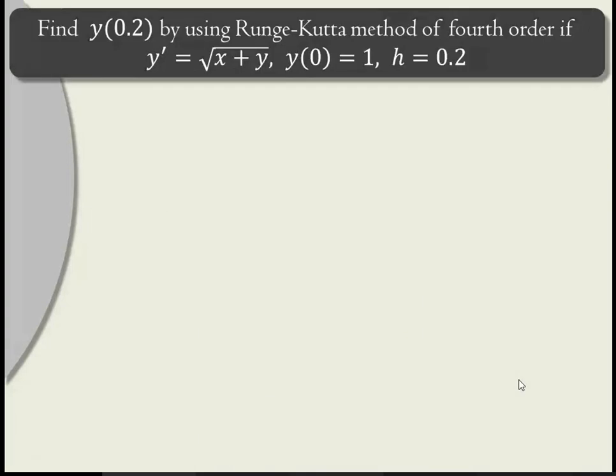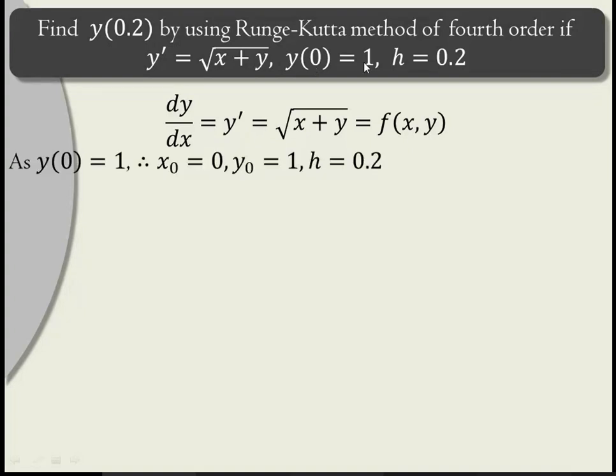Consider the next problem. Find y at point 2 by using Runge-Kutta method of fourth order if y dash is equal to square root of x plus y, y at 0 is equal to 1, and h is equal to 0.2. So again, given function, we take it as f of x y, square root of x plus y. 0 is x naught, and y at 0 is 1, means y naught is 1.